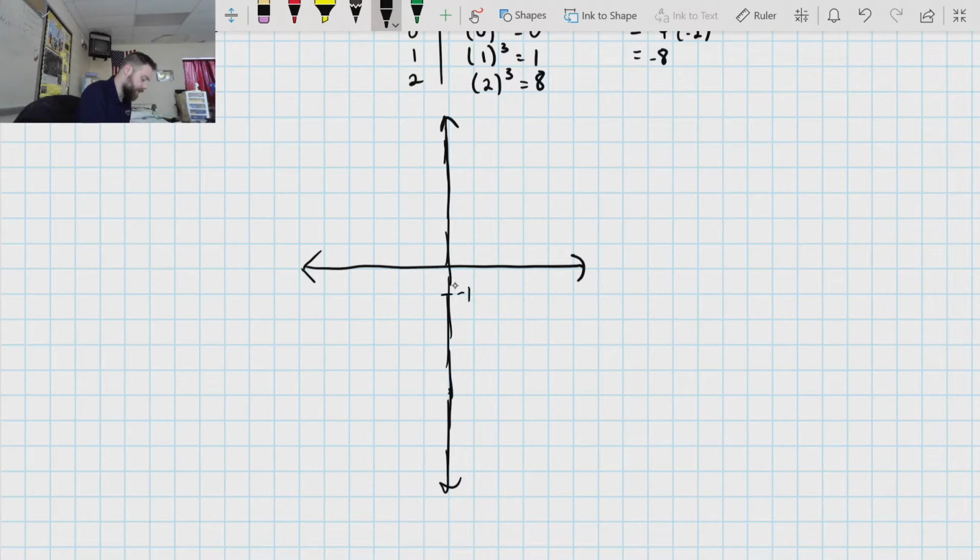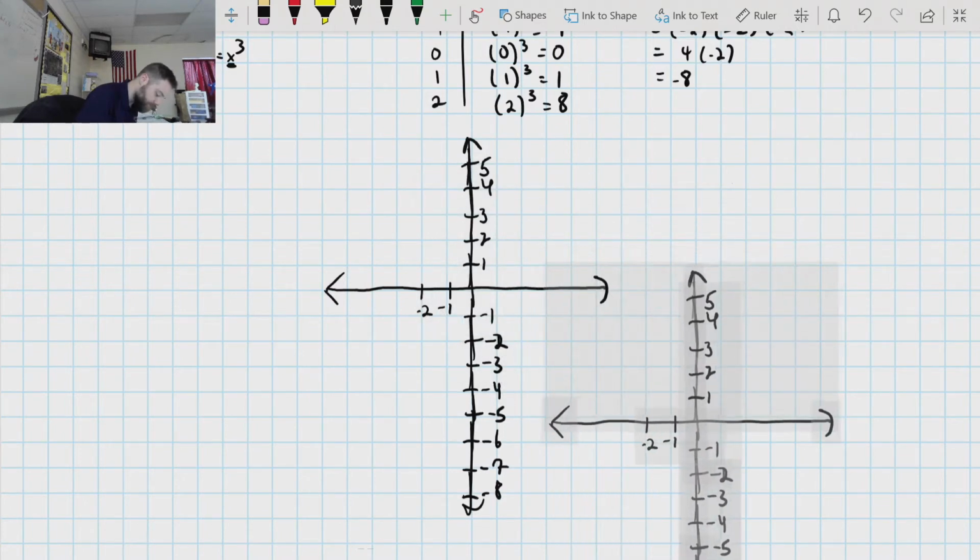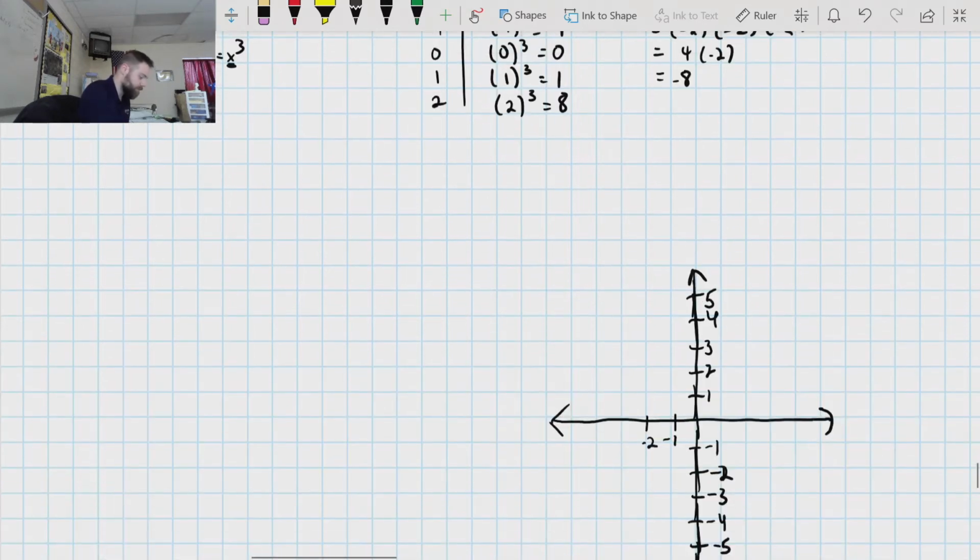If I plug in -2, I should get back -8 here. Keep the convention there. Sorry about that. So that's 6, 7, and 8, and then 1 and 2.